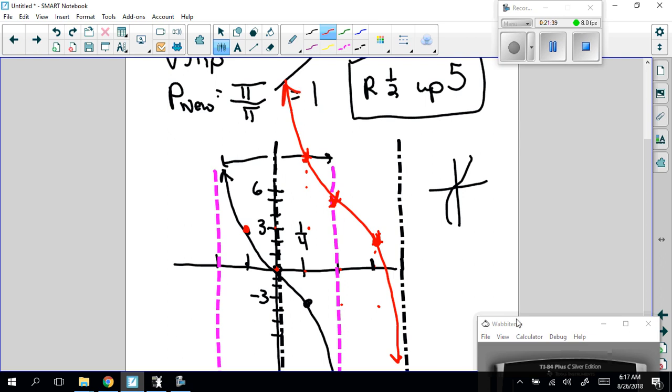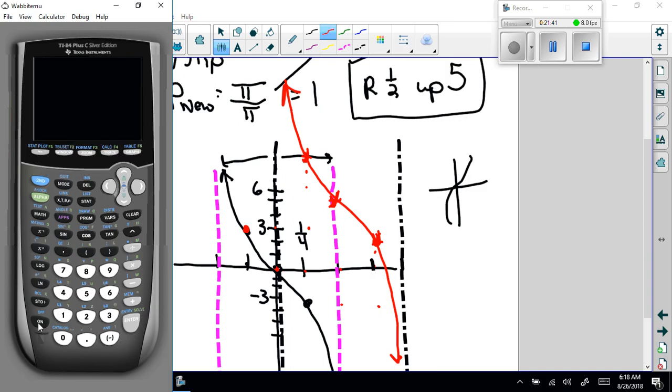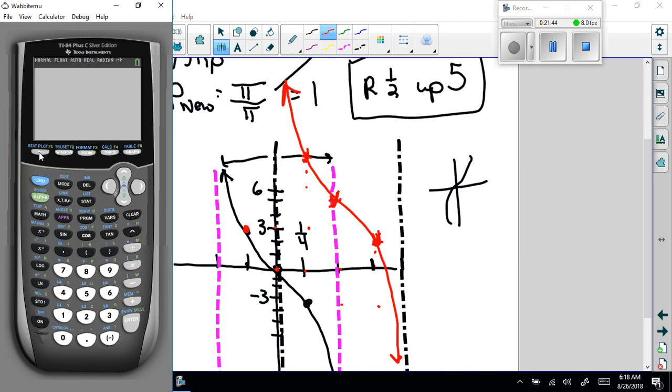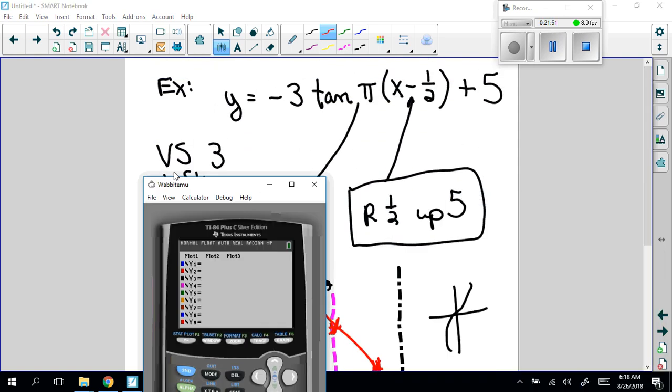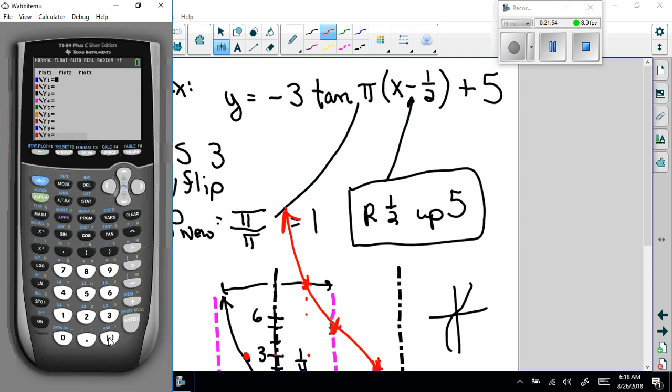So what I do, honestly, especially when I'm doing MML, and you guys are using predominantly only MML, so I hope you're still good graphers after this demo. But negative 3 tangent pi, parenthesis, x minus 0.5, parenthesis. Oh, I lied. I don't want to put this part. Delete. Parenthesis.